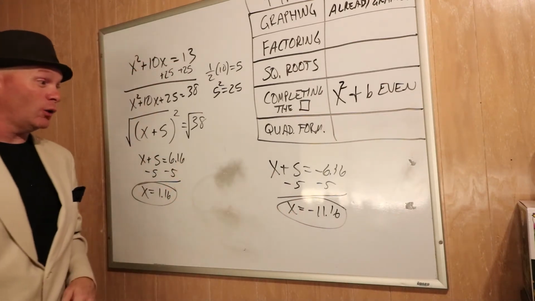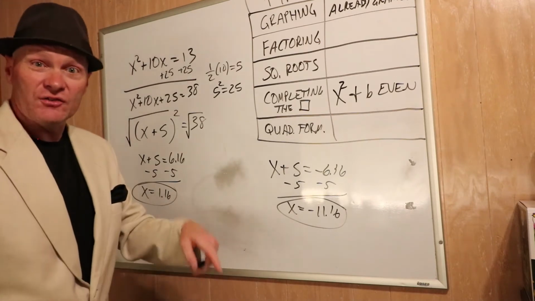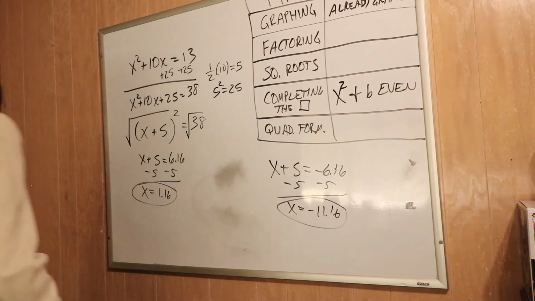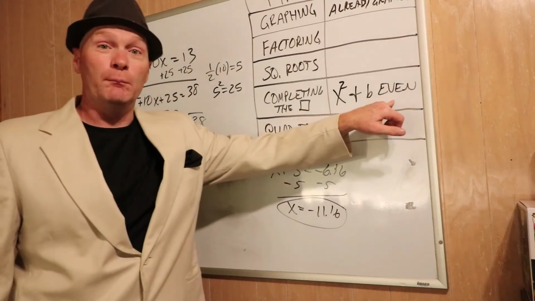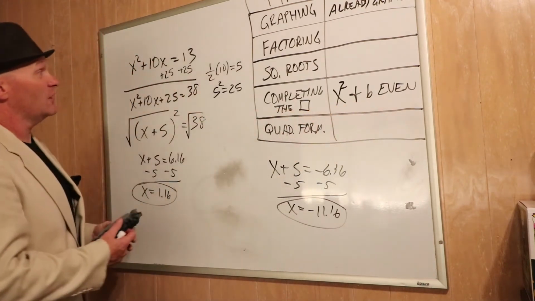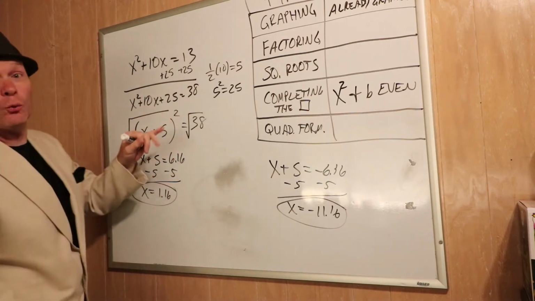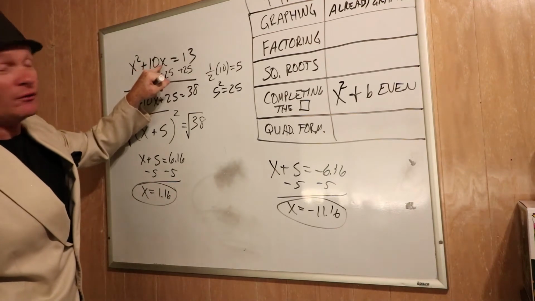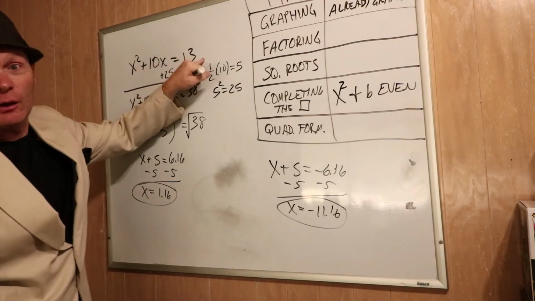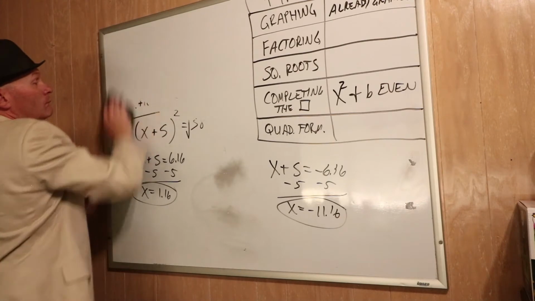It should make the equation true. If it doesn't, you probably messed up somewhere. So completing the square works excellent when b is even and it's just x squared. It also works really nicely if it's x squared plus even number times x, and the other number is already on the other side. But it's not always.